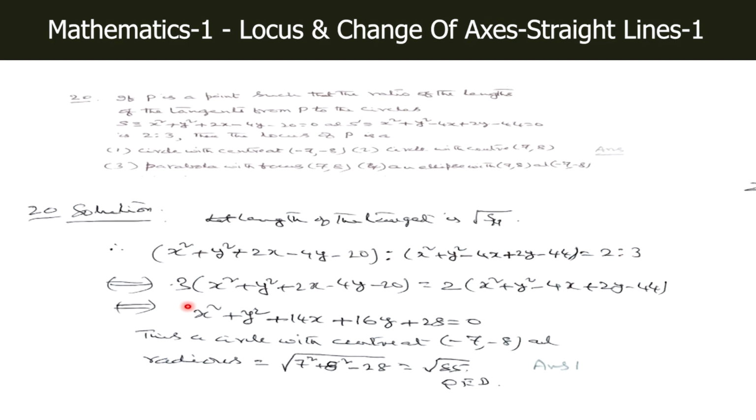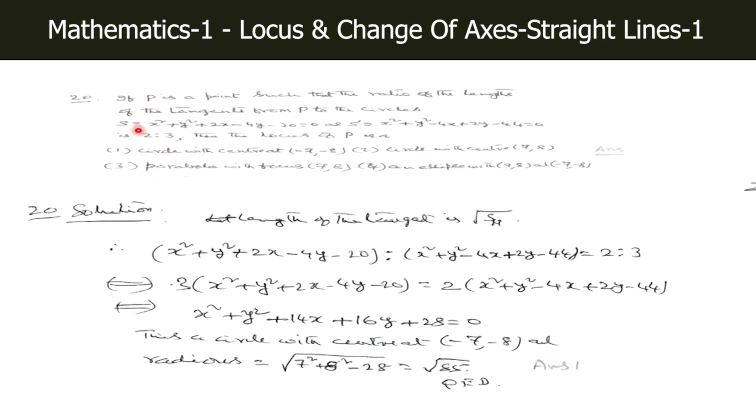Now, 3(x² + y² + 2x - 4y - 20) = 2(x² + y² - 4x + 2y - 44). On simplification, you will get the locus x² + y² + 14x + 16y + 28 = 0, which represents a circle with center at (-7, -8) and radius root 85.